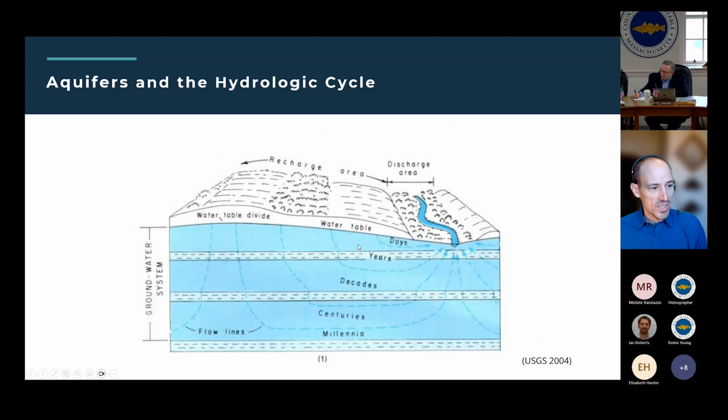A couple other things that I want to point out from this conceptual diagram. In a lot of aquifers, there can be confining layers. That's shown by these horizontal, lighter shaded dashed stripes.